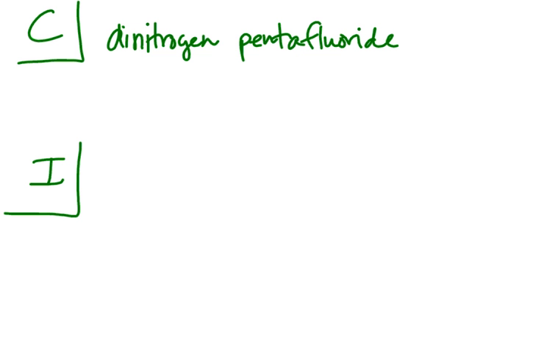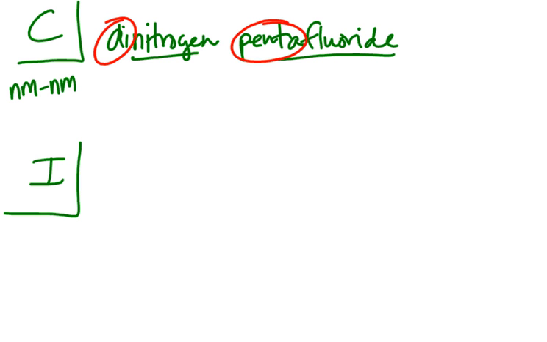Okay, covalent, right? That means non-metal and non-metal. Nitrogen and fluorine are non-metals. So I'm not going to look at charges. I'm just going to look at the prefixes. Okay, review my notes and then find out what the formula is.